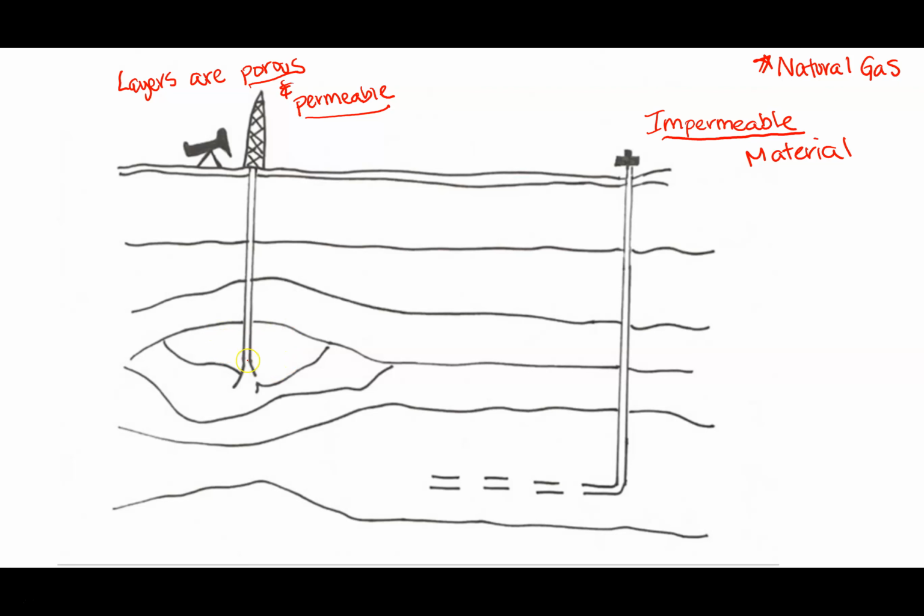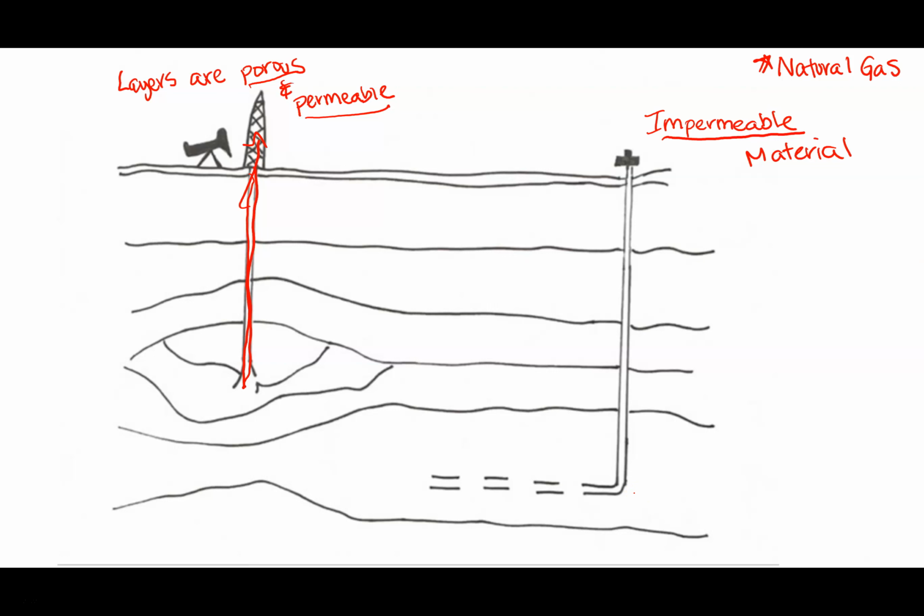So oil and natural gas can not only be trapped in there, it can also flow. So they could drill down in here, okay, into this rock, and then they can suck it up like a straw, okay? If they were to drill into this rock, this is impermeable.